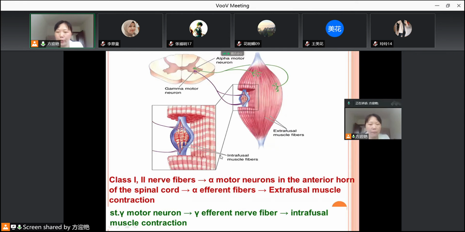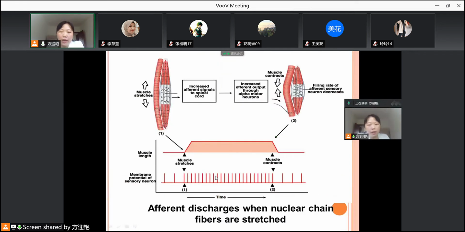The major point is the alpha motor neuron. And here, if the nuclear chain fiber is stretched, we can see the afferent discharge and the electrical membrane potential change.